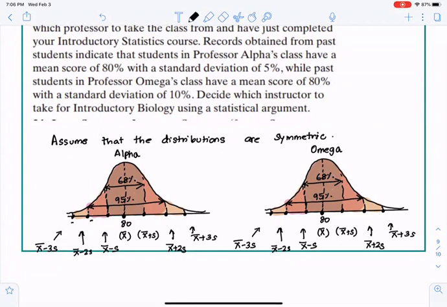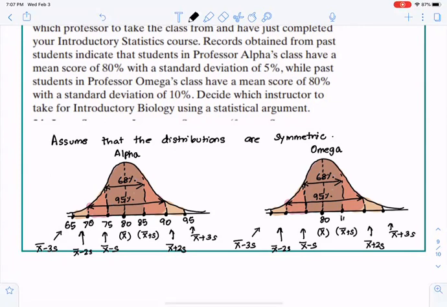And we want to look at within one standard deviation. So 85, 90, 95. Subtract: 75, 70, 65. And for Omega, one standard deviation, but the standard deviation is 10.